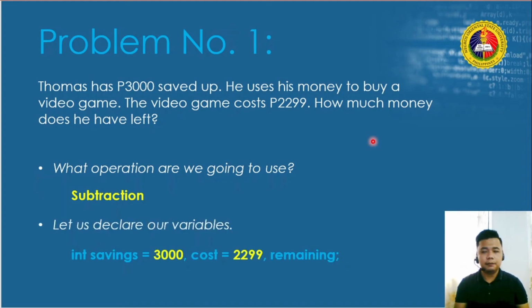Okay, so let us declare a variable. Let's say our variable should be int savings, that is the 3,000, and then cost, which is 2,299, and then let's say remaining as the value of 3,000 minus 2,299. Okay, so let's try. Let's open up our .cpp again.